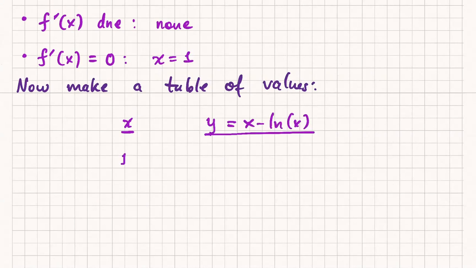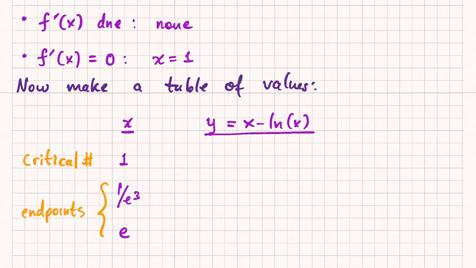So 1, e, and 1 over e cubed. I'll write the 1 over e cubed first, and e. And again, to remind everyone, the 1 is there because that was a critical number, and the other two x values are there because those are the endpoints of my domain.